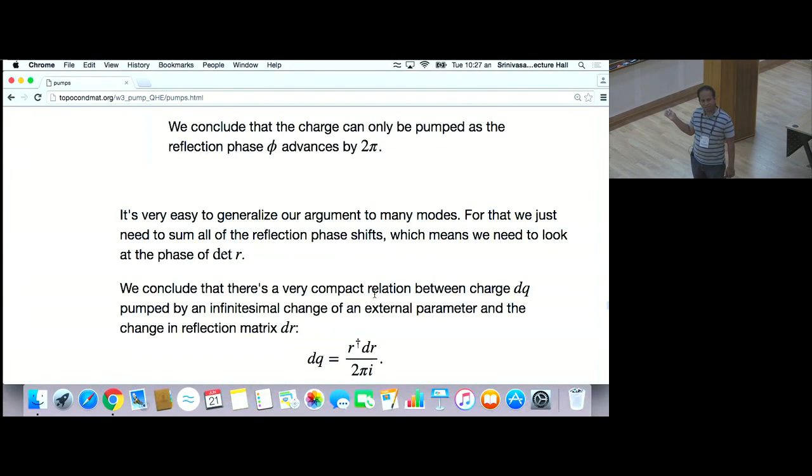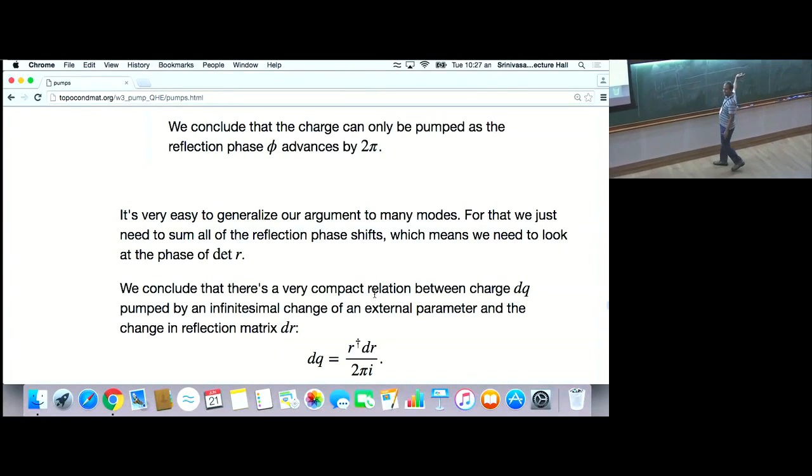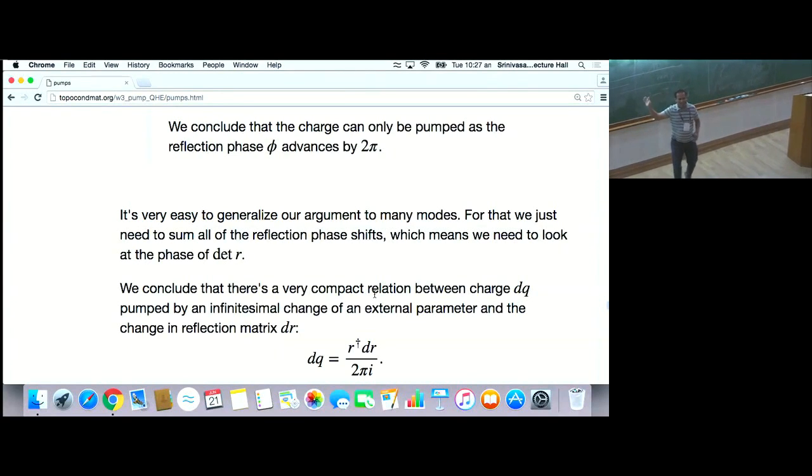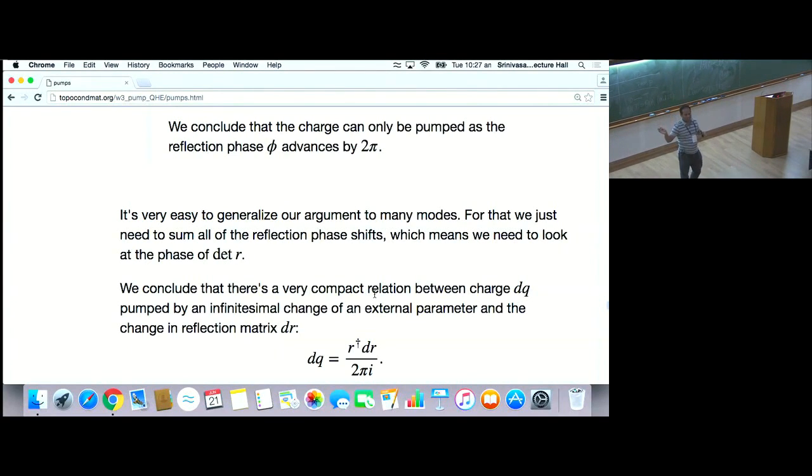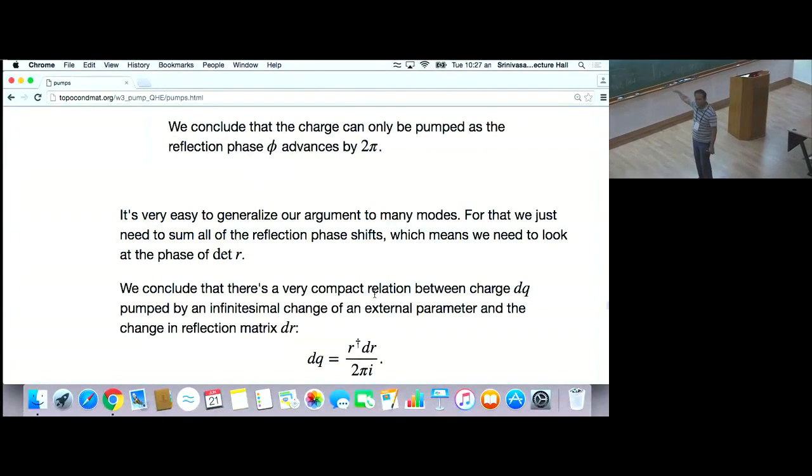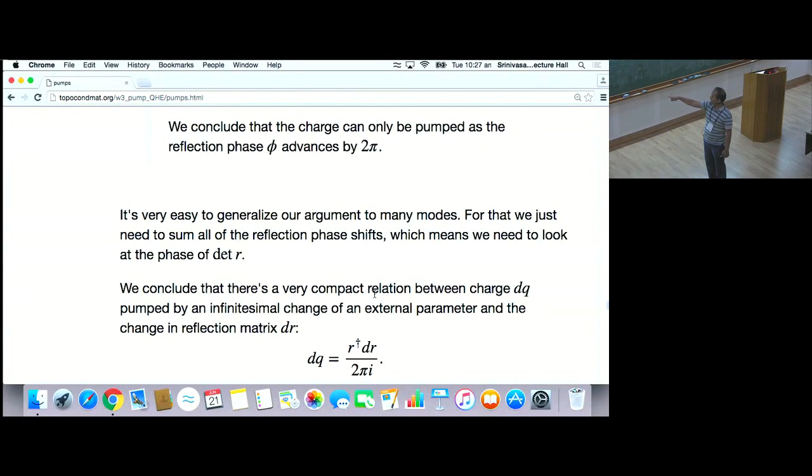The statement of Levinson's theorem is, if I think of this whole thing, the system to the right, including the pump and the lead, as a scatterer, as a scattering center, then it tells you that the number of bound states in that scattering center is exactly related to the change in the scattering phase theta.